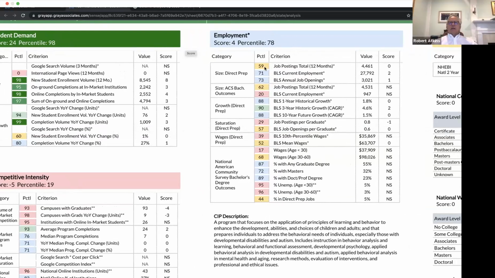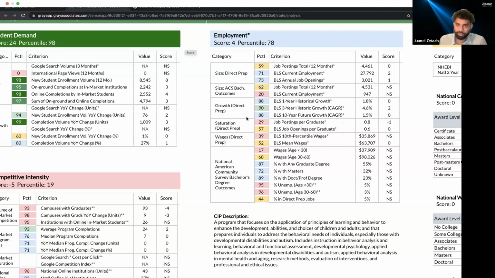No, I would look at the ACS wages because only 5% of the people in this field are going into jobs which are directly prepared. So really what we need to know is what do they really do, which is what we can tell from the ACS. So that's a pretty good wage. It's not fabulous, but a pretty good wage in the 30 to 60 category. Again, probably grads. Well, this is a graduate degree that we're looking at anyway. Yep. But not a lot of jobs actually either way.